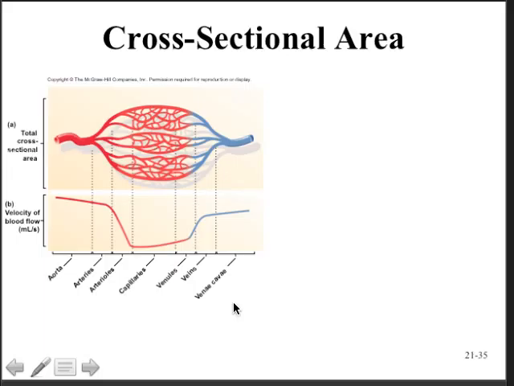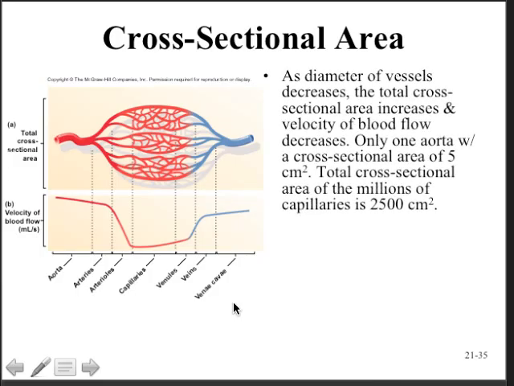And what you're looking at here is just a plot showing you the difference in the cross-sectional area compared to the amount of blood flow in terms of velocity as we move away from the heart and into the systemic tissues, and then eventually as we return back to the heart. So you can see from this diagram that as the diameter of the vessels decreases, the total cross-sectional area increases and the velocity of blood flow decreases.